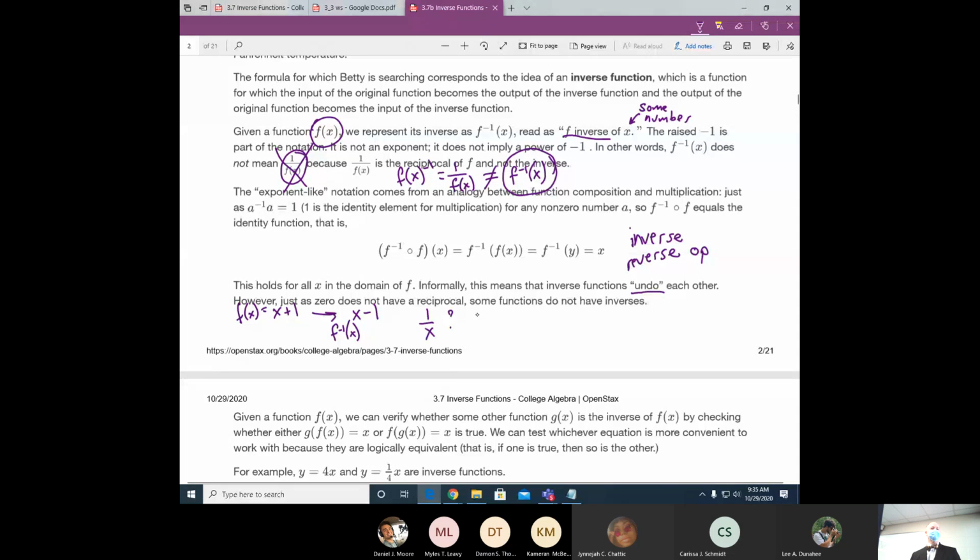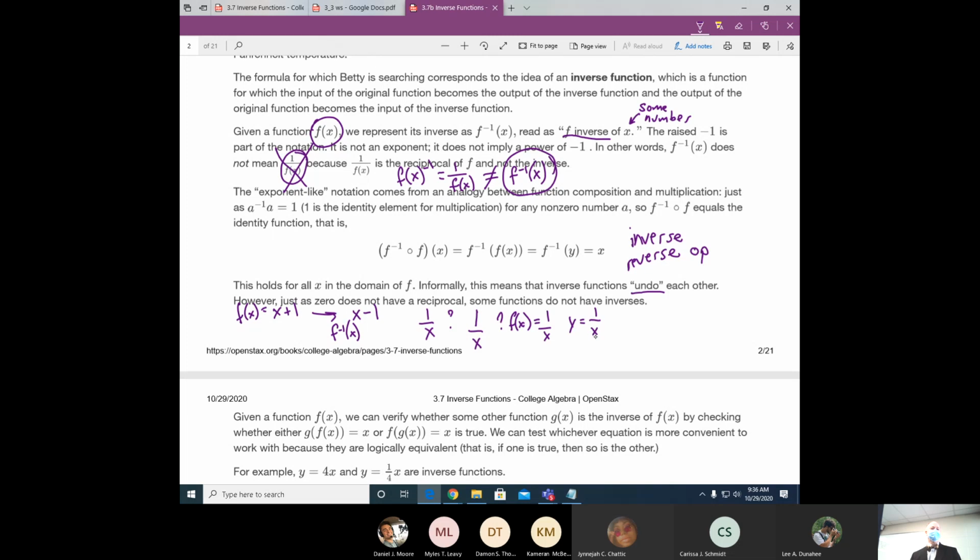Isn't the inverse of 1 over x, 1 over x? I take it, I do the reciprocal again and get back my x. The way to prove that? Well, if I say f of x equals 1 over x, put that in the form y equals 1 over x.